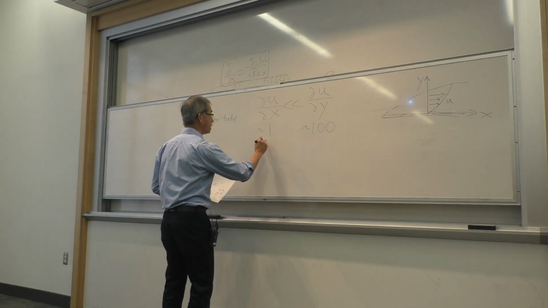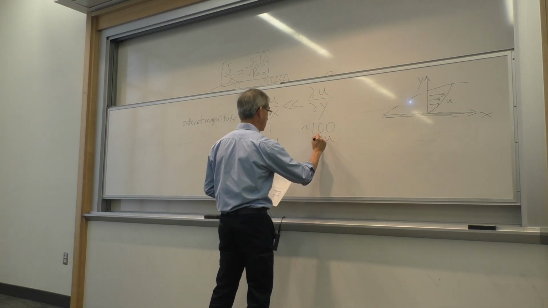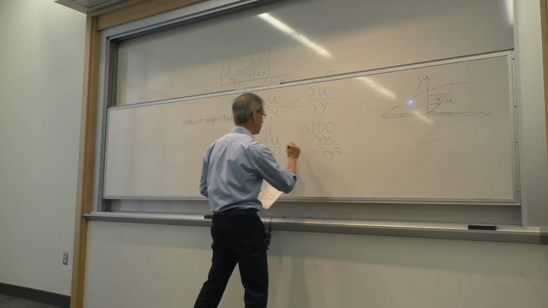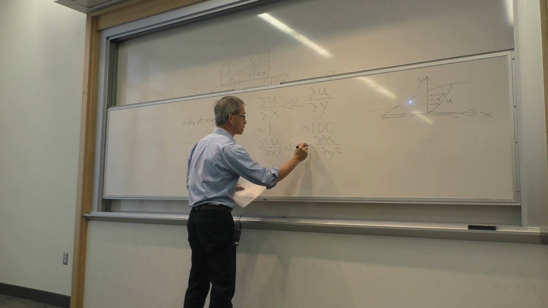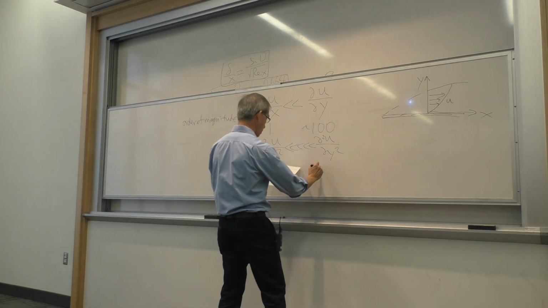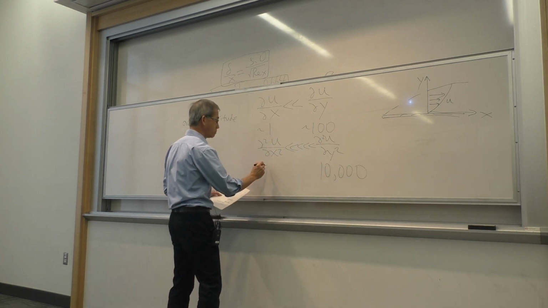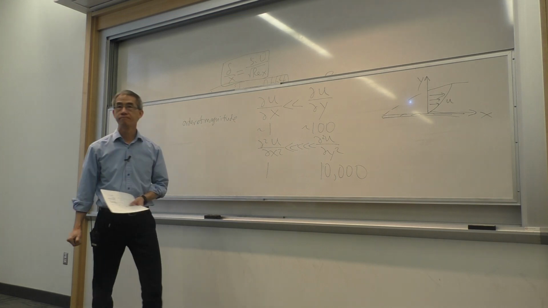Then if I take the second derivative, which is a function of the first one, this term is going to be even a whole lot smaller, in the sense that if this were 10,000, this may be just 1.